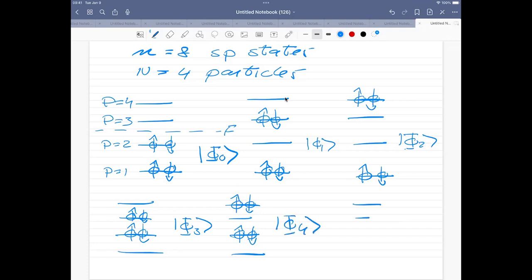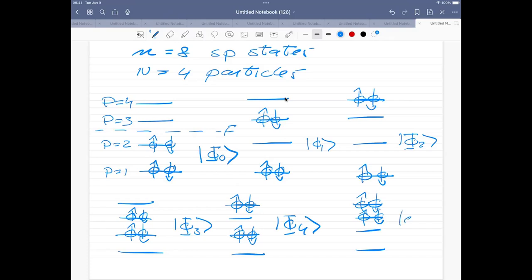And finally, we have a state which looks like this. This is the final possibility when we do the combinatorics here. And the combinatorics is us having 4 levels and 2 pairs. So if I take 4 levels and 2 pairs, then I get a total number of 6 configurations.